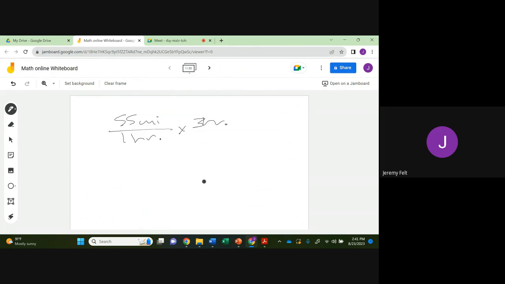Any number over itself or any units over itself, so hours and hours, denominator and numerator, those are going to cancel out. So I'm left with 55 miles over 1, or just 55 miles, times 3. And our units, we're going to end up with miles. So 55 miles times 3 is 165. So at this rate, for 3 hours, he's going to travel 165 miles.